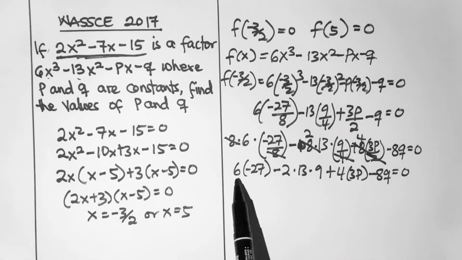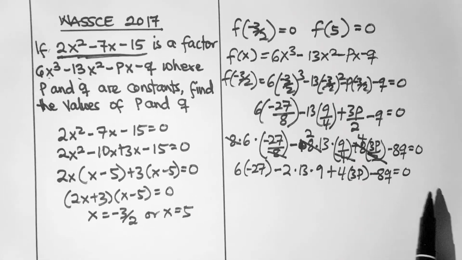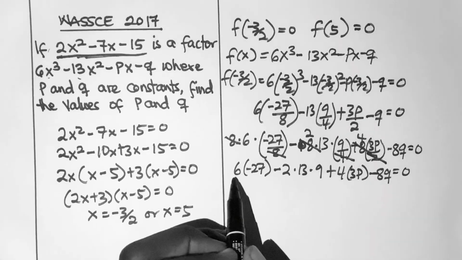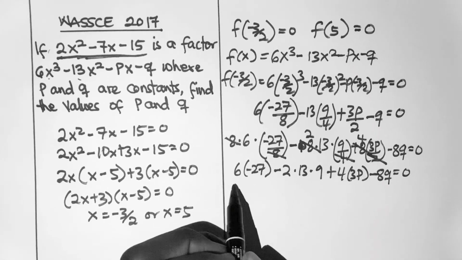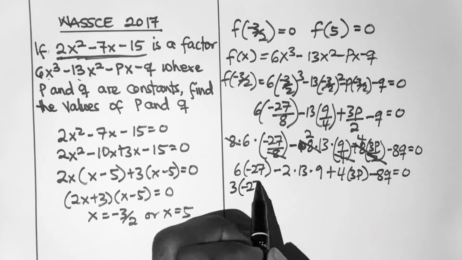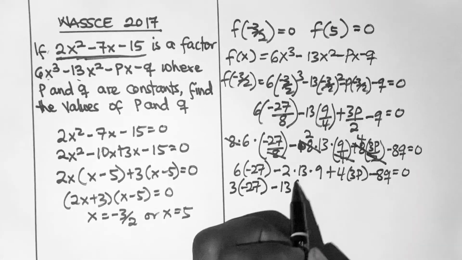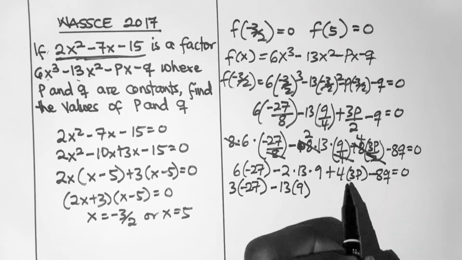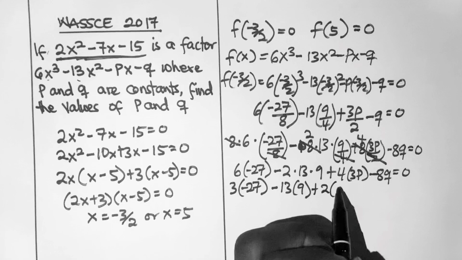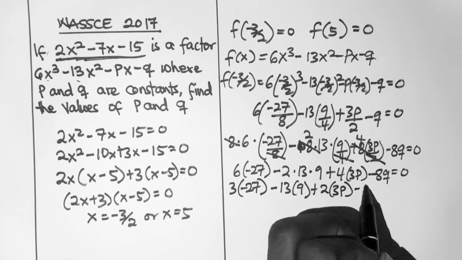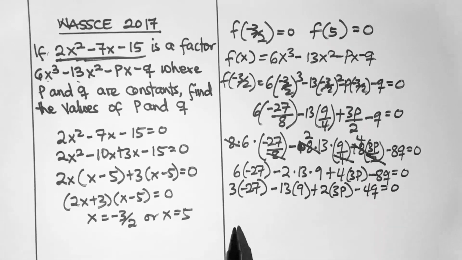So now you can see that we can divide through by 2. So let's divide through by 2. 6 divided by 2 is 3. So here is 3 times minus 27. Then this 2 will go away. So minus 13 times 9. Then plus 2 times 3p. Then minus 4q equals 0.